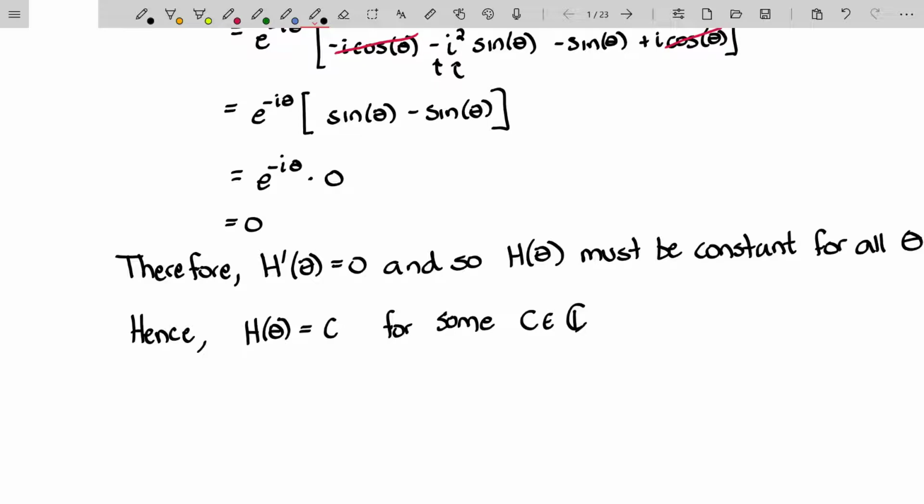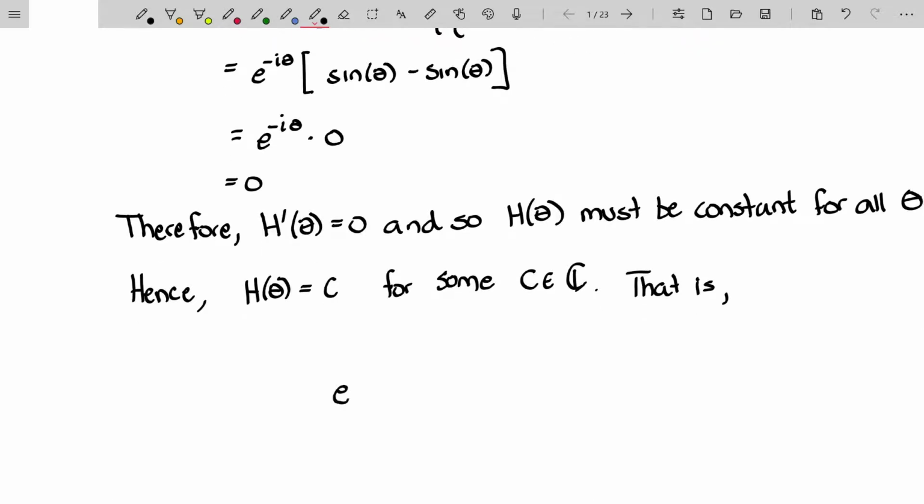That's not that big of a deal actually for this proof, but hence h is a constant. That is h, which is e to the negative i theta times the cosine of theta plus i sine of theta, is equal to some constant C.